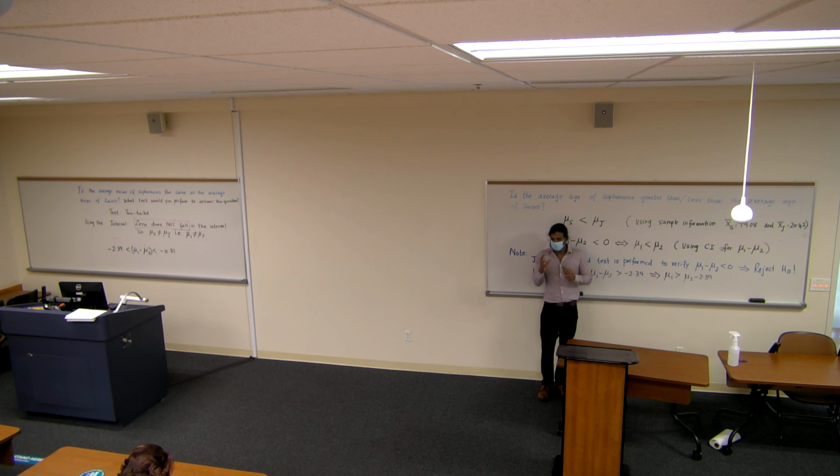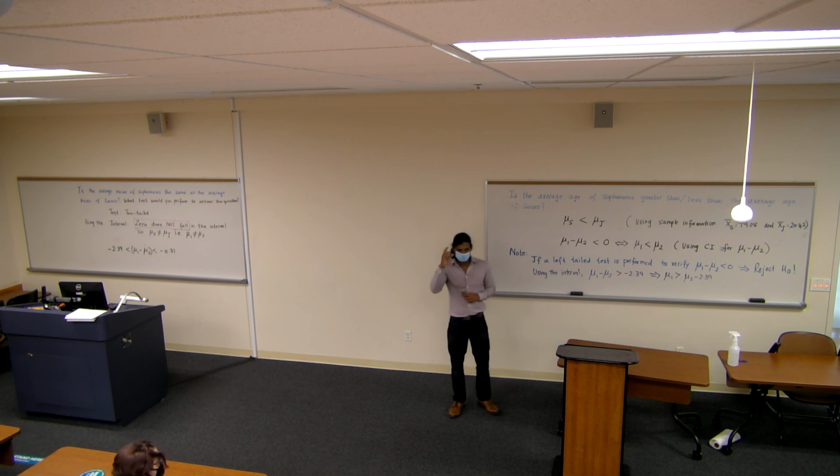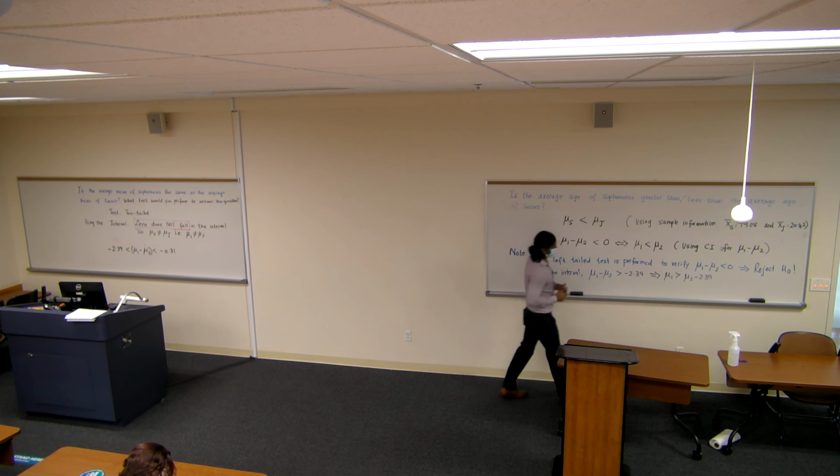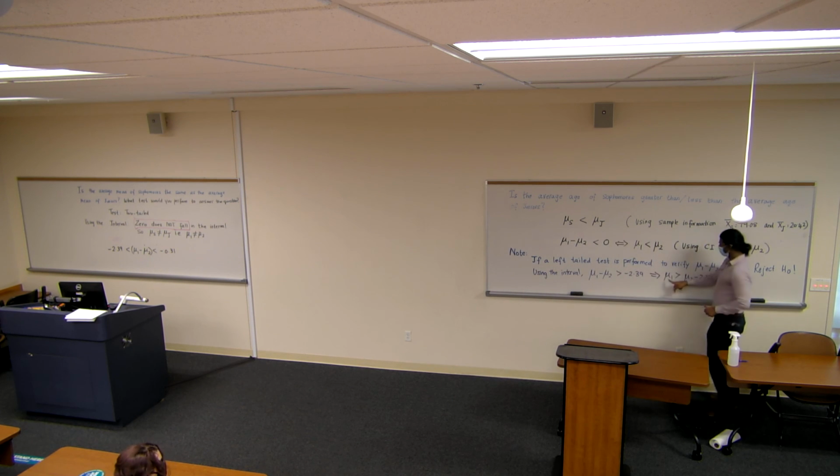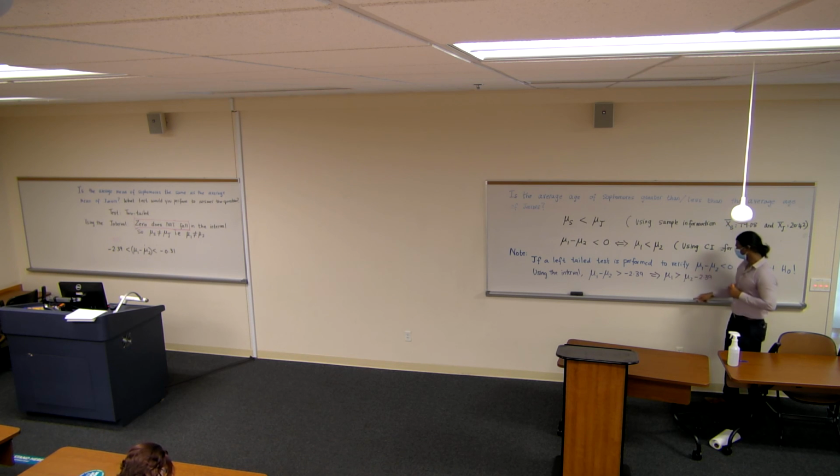Yes? If someone asked you, well, can you quantify and give me an exact number that is likely to compare the difference, I could simply say the average age of sophomores is greater than the average age of juniors, but the difference would be negative 2.39. So whatever value you have for juniors, you have to subtract 2.39 from it.